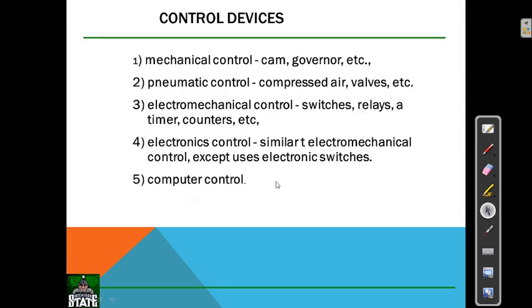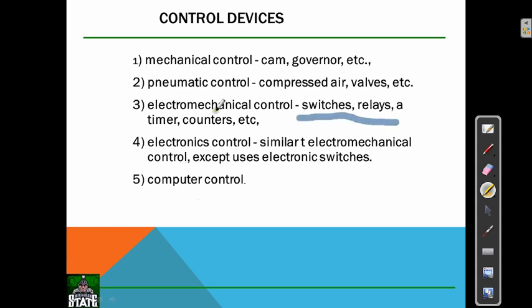Mechanical control examples of this control device are cam, governor, etc. Pneumatic control is, for example, compressed air, valves, etc. Then electromechanical control: here there are switches, relays, timers and counters.